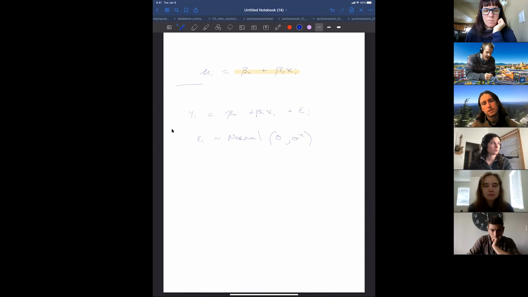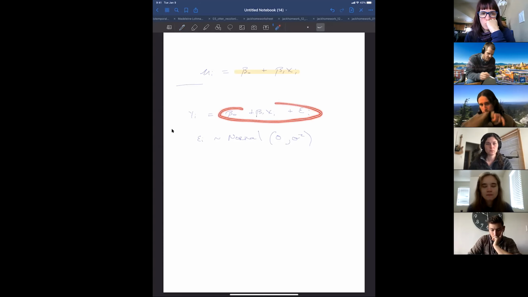In this case, y_i can be any value between negative infinity and infinity. But now suppose we're going to the wildlife world, where we have whether we observe a species. If we observe a species, it gets a 1. If we don't observe a species, it gets a 0. And there's no good way of linking up this equation with zeros and ones.